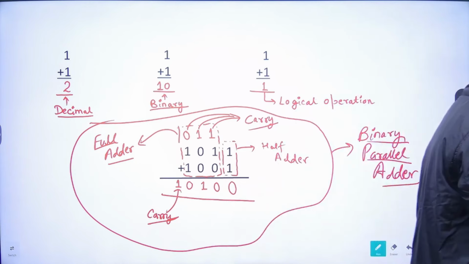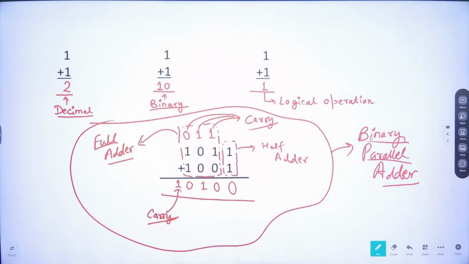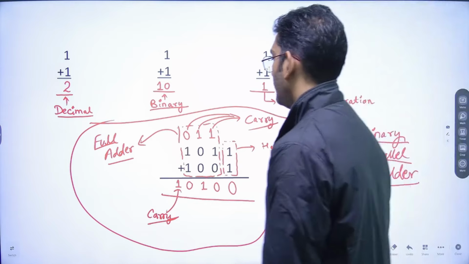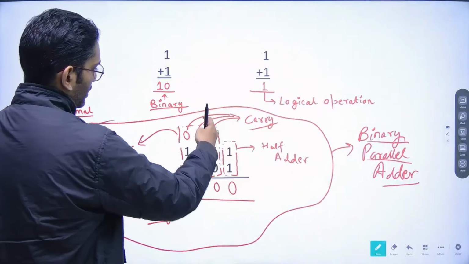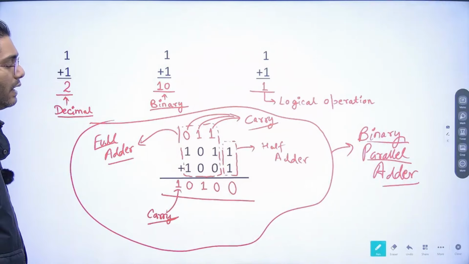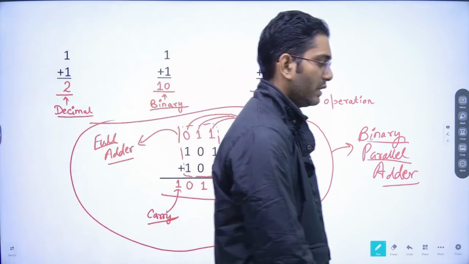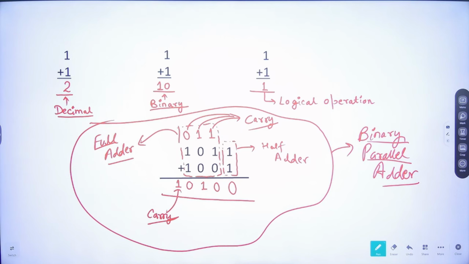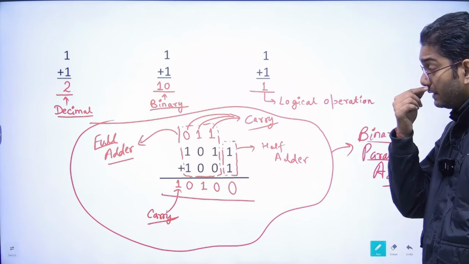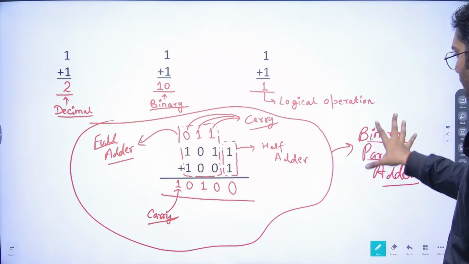Why parallel adder? Because it performs the additions parallelly, that is, it simultaneously performs all the additions. And why binary? Because it gives the output in binary form.